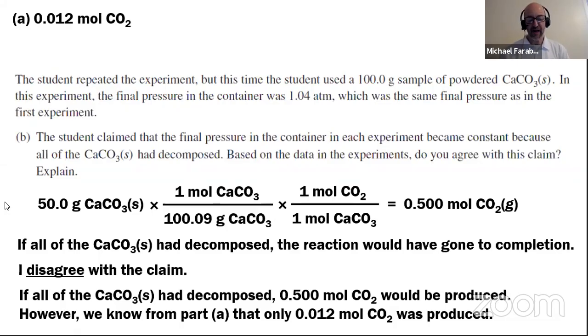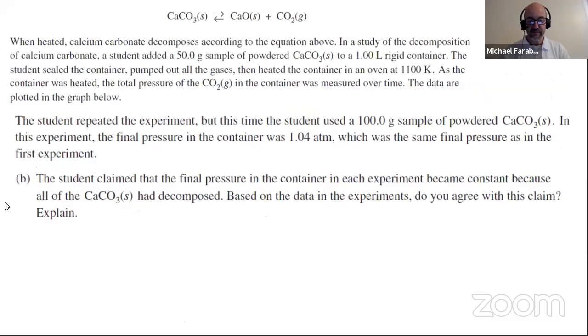Therefore, if all of the calcium carbonate had decomposed, as the student had claimed, then the number of moles of CO2 would have been higher. This suggests that, in fact, equilibrium was achieved, and that's why only some, but not all, of the calcium carbonate was converted into CO2.